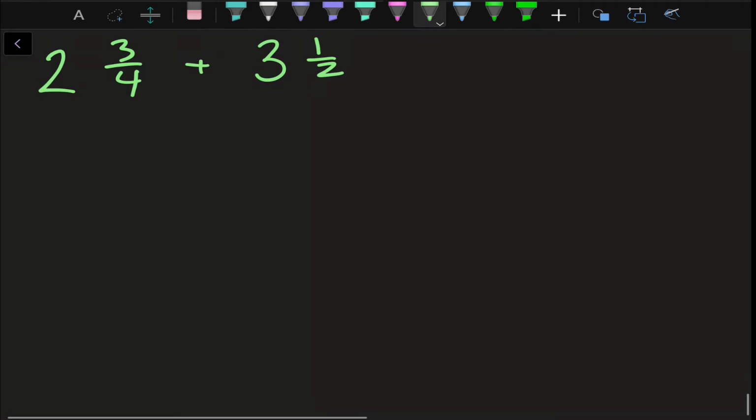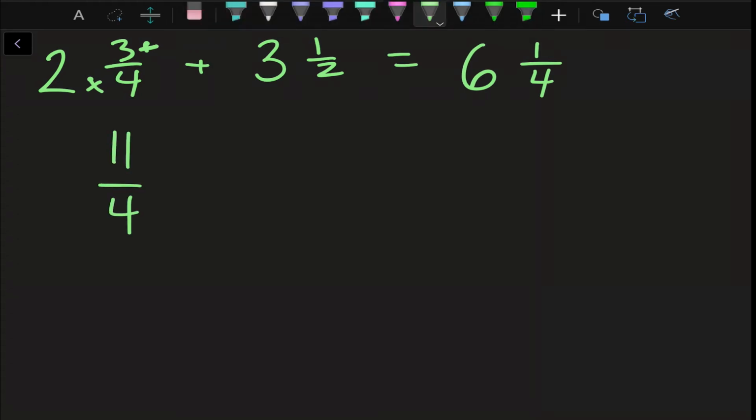Okay, so actually we'll write that down. It's actually equal to 6 1/4. But what we're going to do is change them into improper fractions, add them, and then change them back into a mixed number. So I know that I have to multiply here and then add 3. 2 times 4 is 8, plus 3 is 11/4. Keep that the same, right? The same one here.